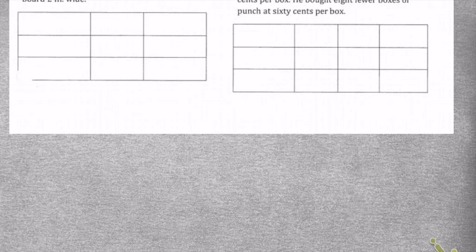So one board is 4 inches wide and 8 inches longer than a board 2 inches wide. So we've got 2 different boards, so I want spots to organize that. First board, second board, and the other things I'm considering are the width and the length.